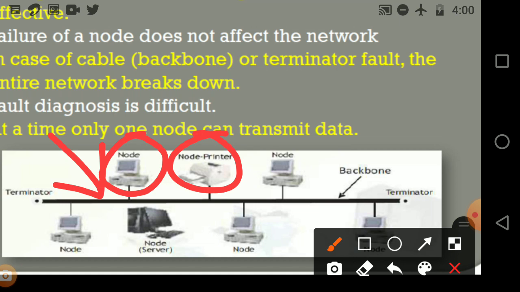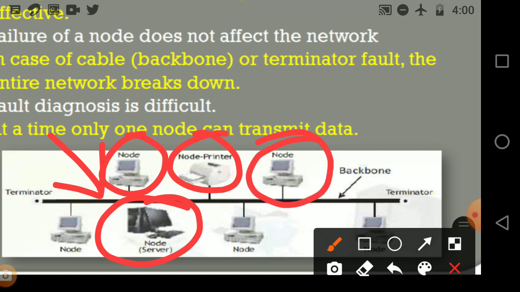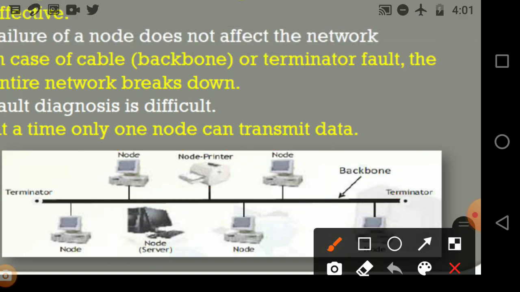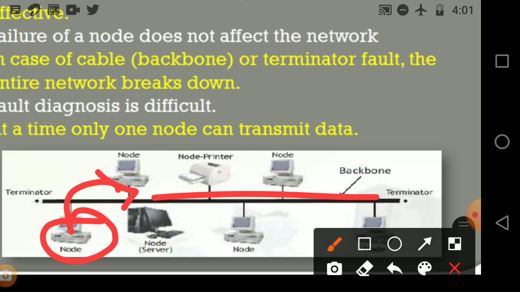We can see a printer connected, a server connected, different nodes connected, and all these are connected to the single line called the backbone. The peculiarity is fault diagnosis: whenever any system gets a problem, it is difficult to identify which system is problematic. Also, at a time only one node can send data through this network. That's one of the main characteristics.